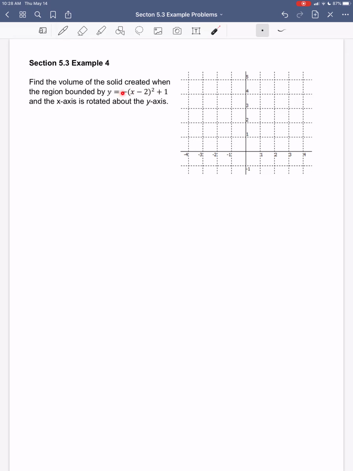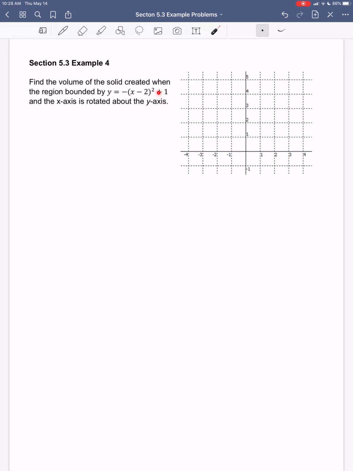There's a minus here, so it's going to be opening down. This is going to be negative then, unless it's 0. And the only time it could be 0 is if I let x equal 2. So if x is 2, then I get 0 squared, and negative 0 is 0, so I get y equals 1. If x is anything other than 2, then I get something squared that's going to be positive, but then it's going to get multiplied by a negative.